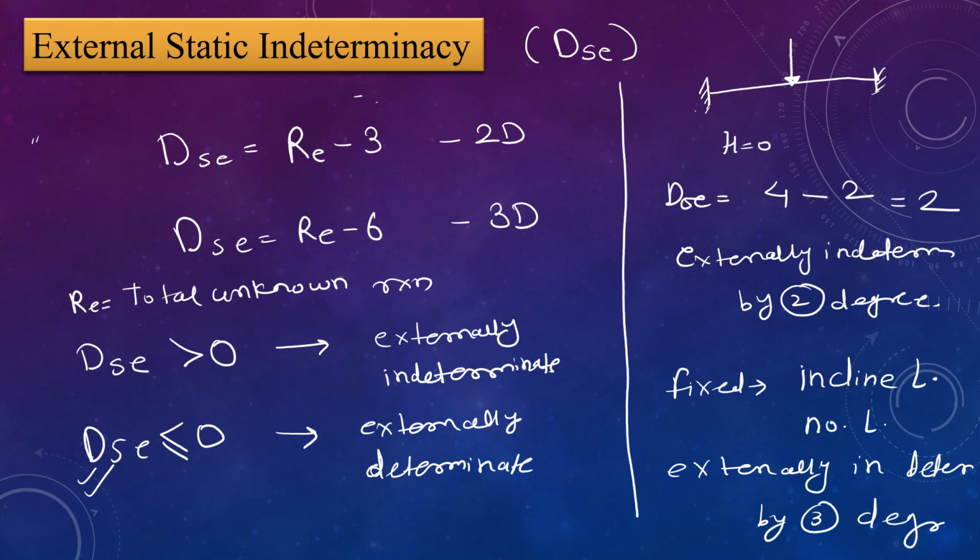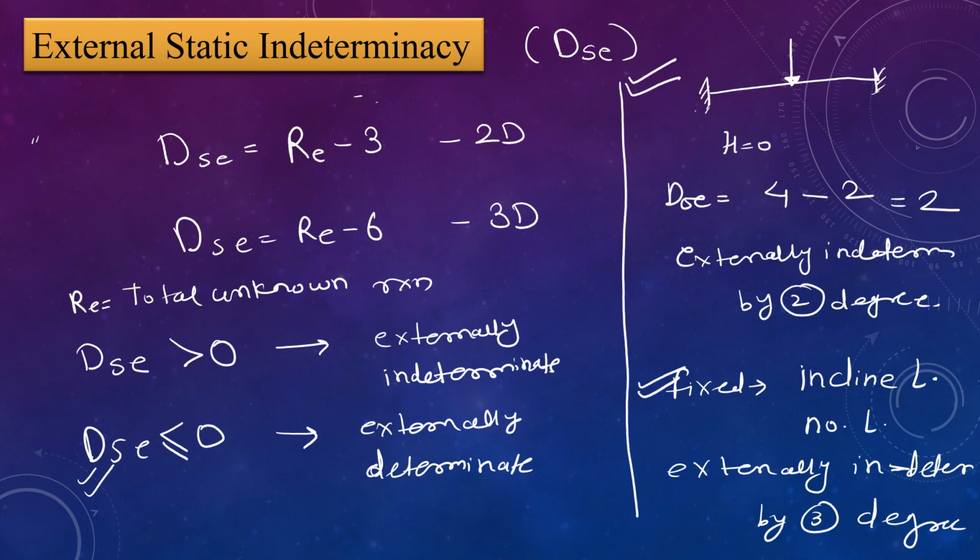Okay, these are two MCQs which are asked in exams, so these two are important. If a fixed beam is subjected to point load, then that beam is externally indeterminate by 2 degree, and if a fixed beam is subjected to inclined loading or no loading, then that beam is externally indeterminate by 3 degree.